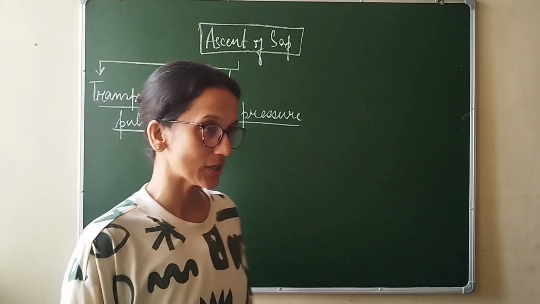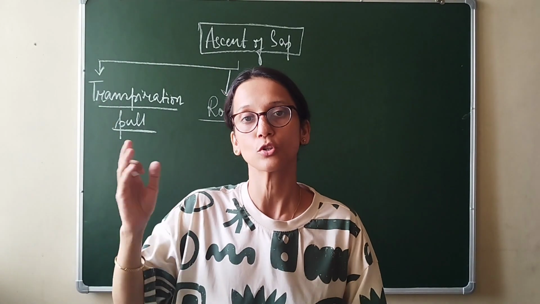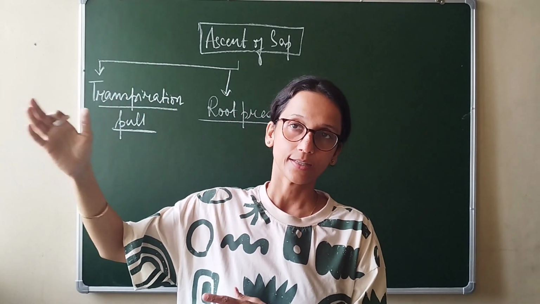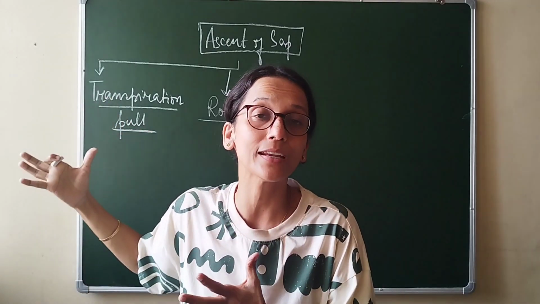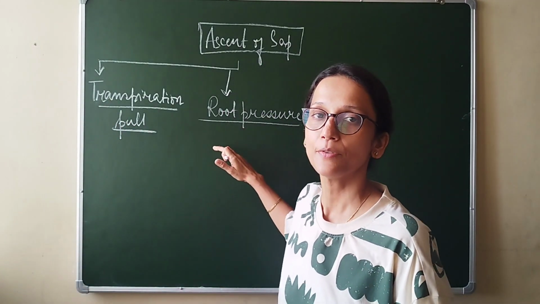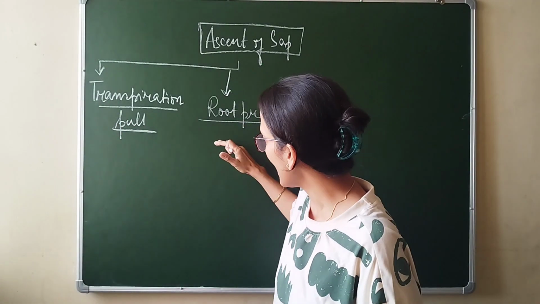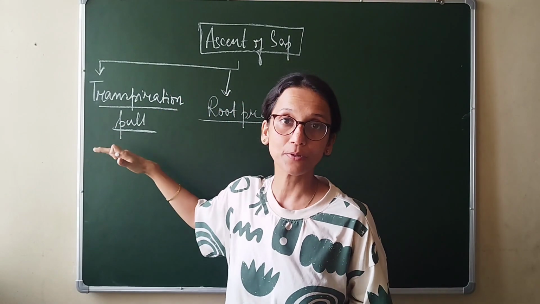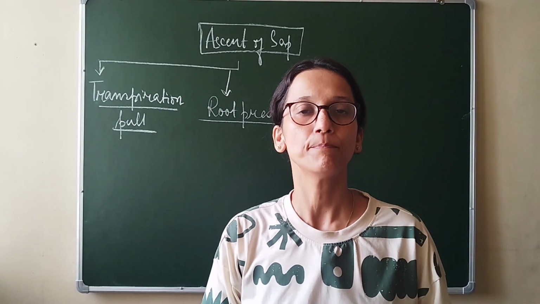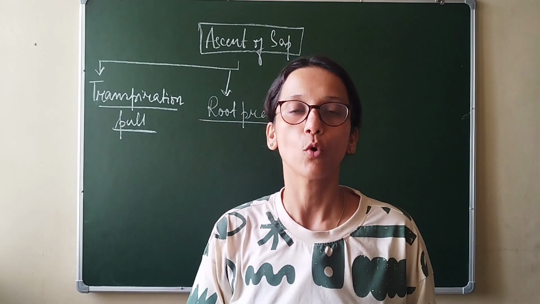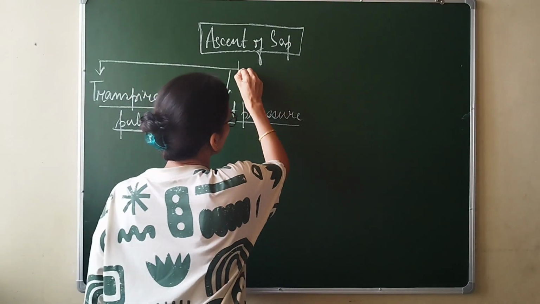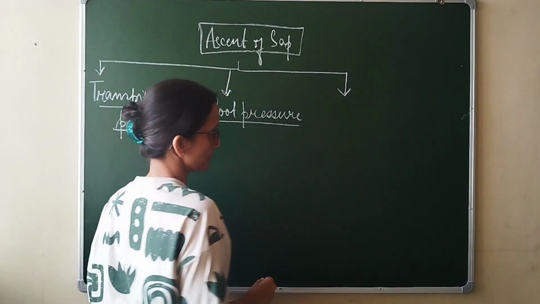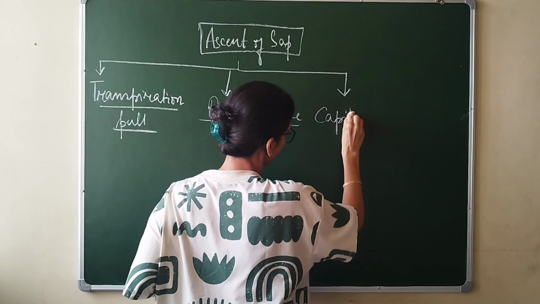But this root pressure is not strong enough to force water to greater heights, especially for a coconut tree or big tall trees; this itself may not be enough. So there, along with the root pressure, transpirational pull is the main power which helps in drawing water to such great height. The third force which helps in this process is known as capillarity.